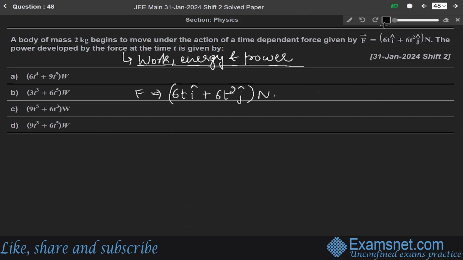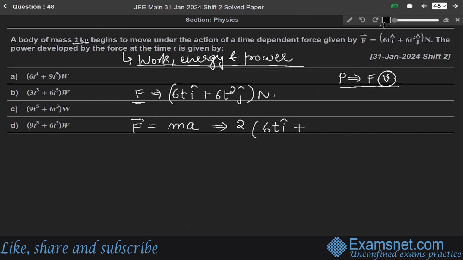Since we know that the formula for power in terms of force is force into velocity, and we are given the force, we first have to find the velocity. We know that force equals mass into acceleration. Mass is 2 kg, so force equals 2 into acceleration.